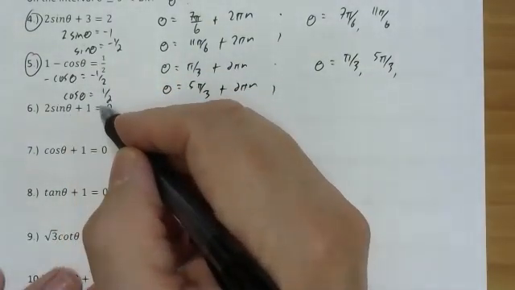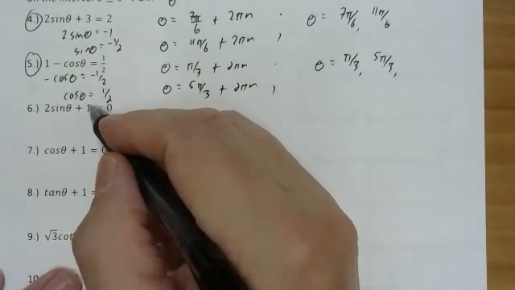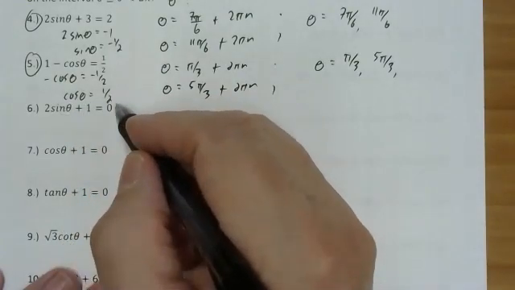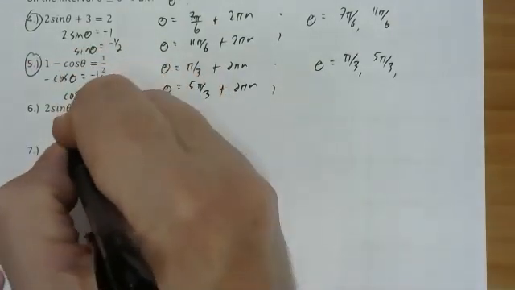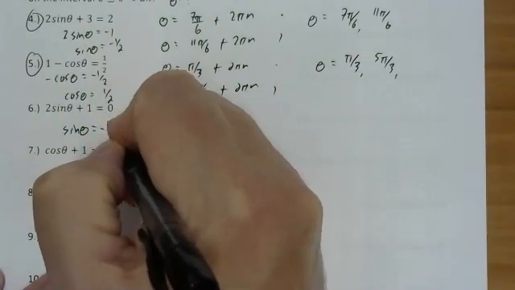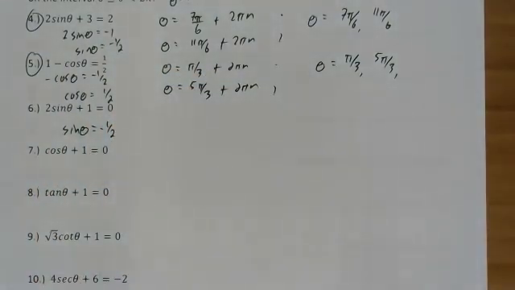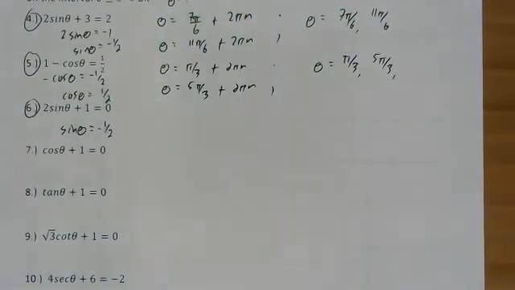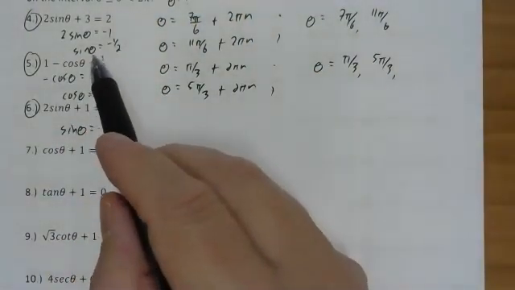Another one looks like the same thing we've been doing. I'm going to skip a few steps. So if I subtract 1 and then divide by 2, I should have sine of theta equals -1/2. You know what? That's actually the same problem as problem 4.